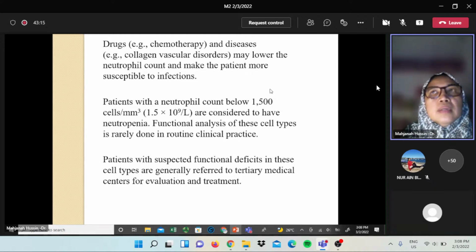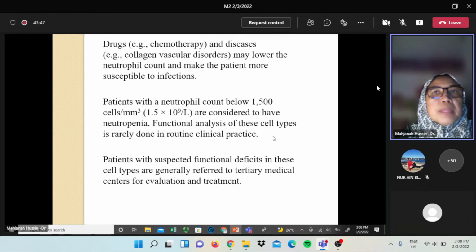There is another condition where a patient with neutrophil count below 1,500 has neutropenia. Again, they are also susceptible to infection. But to know whether you are in neutropenia status, they don't do it as routine practice. It's not a routine clinical practice.